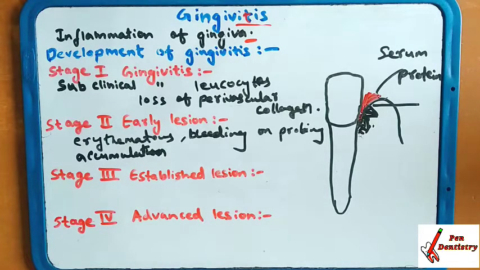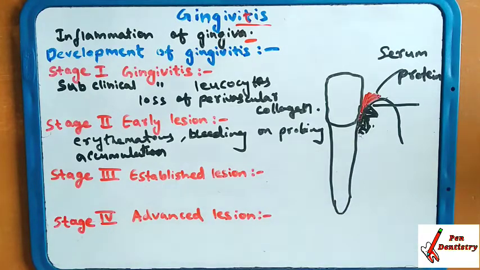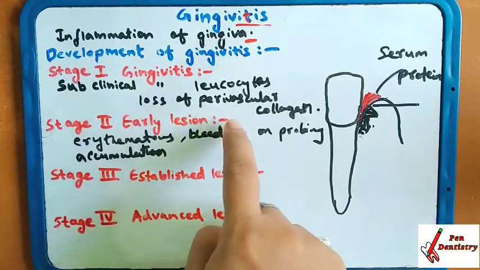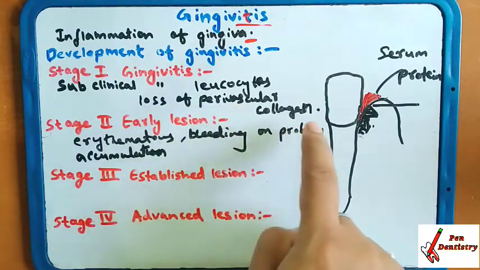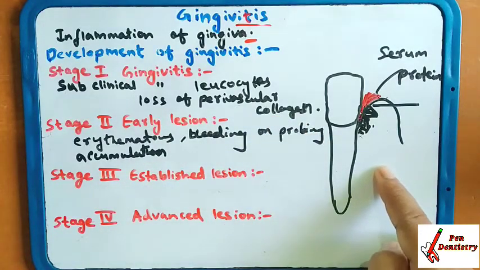Fibroblasts show cytotoxic alteration, with decrease in the capacity of collagen. In the first stage there was a loss of perivascular collagen, and now there will be a decrease in the capacity of the collagen, and the fibroblasts will show a cytotoxic alteration.